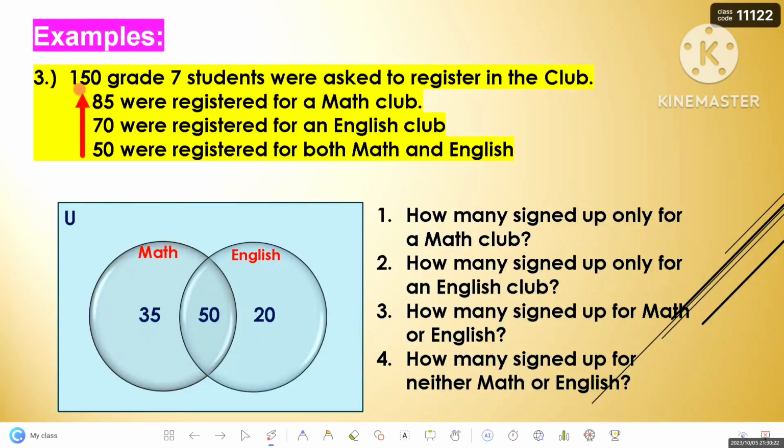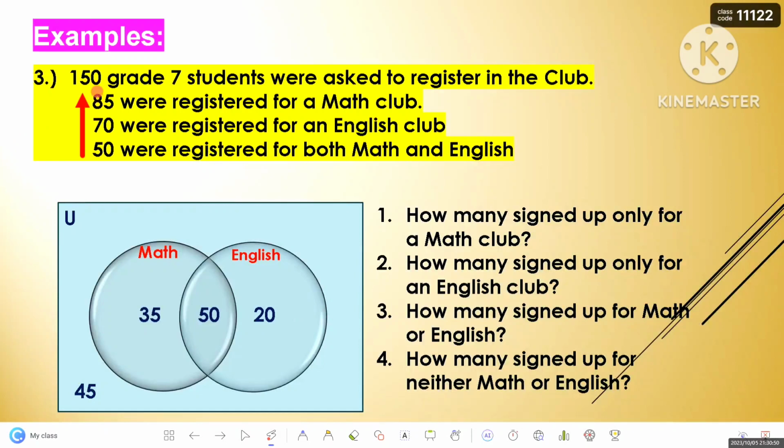Remember, our population is 150 grade 7 students. Now, if we add these three numbers, 50 plus 20, 70, plus 35, we have total of 105. Diba? 105 ito. 150 minus 105, the answer is 45. Bakit 45?